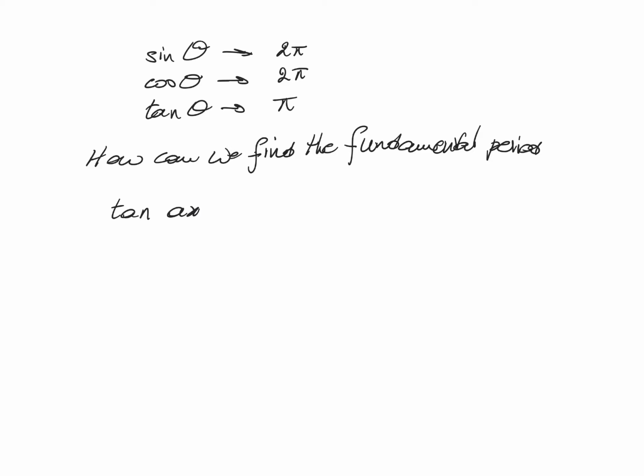The constant doesn't really matter. Let's say a times x plus b. What is the period of this function? So when do we get the repetition? When do we get the condition that f of x plus p is f of x? So this p we have to find.